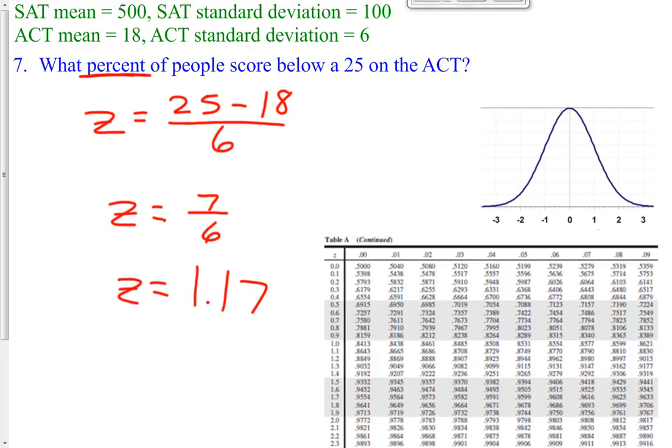So 1.17 is about right here. And we want the percent that fall below a 25, so that fall this way. It's going to be greater than 50% because it's higher than 0, and 0 is 50% of the data.